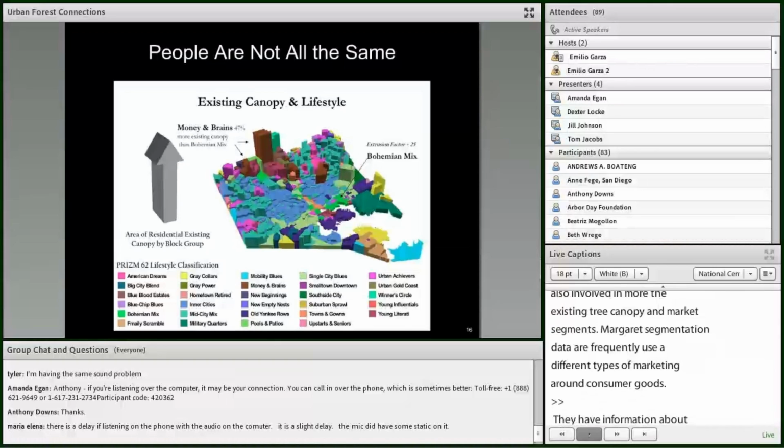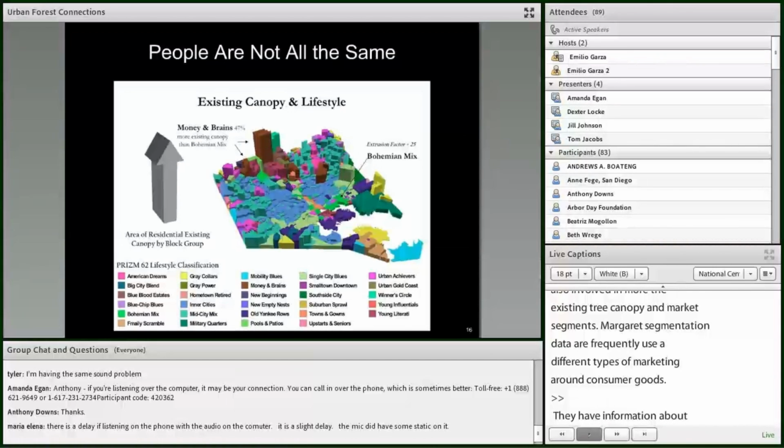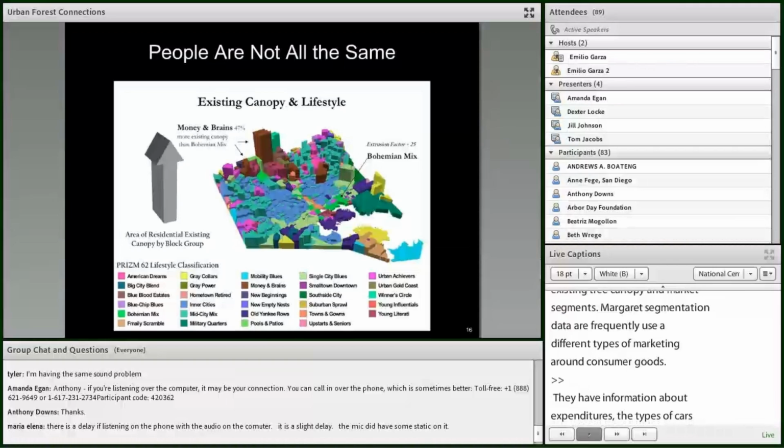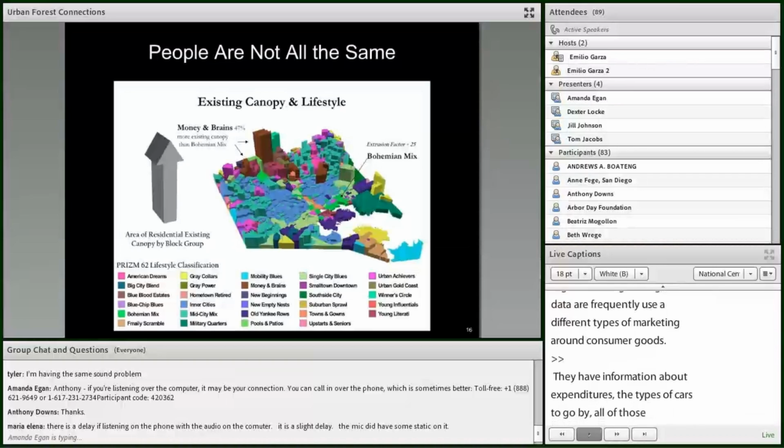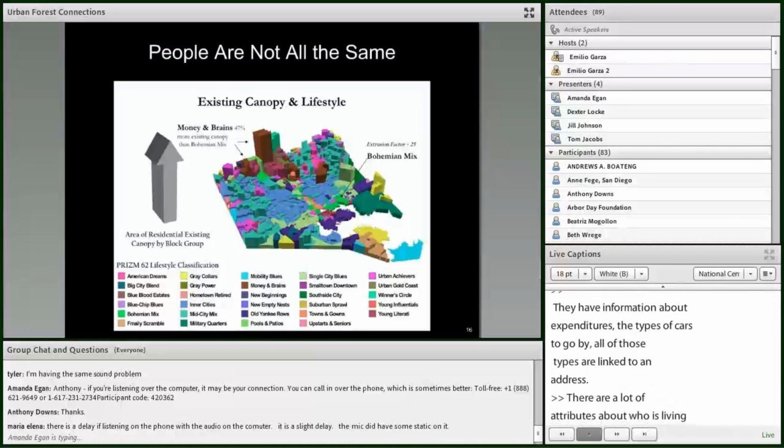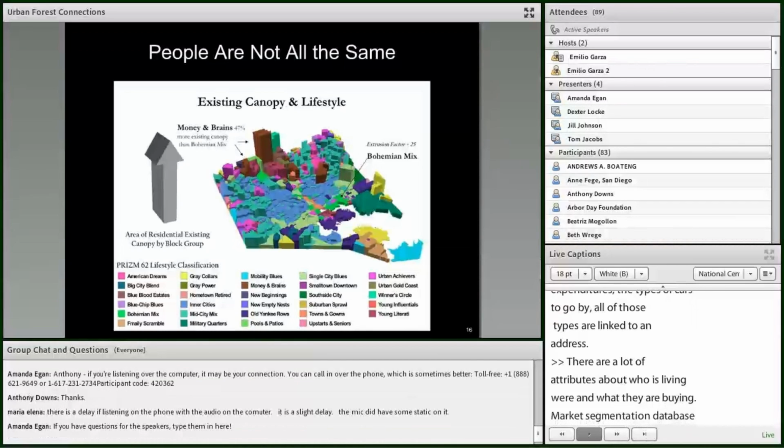All of those types of data are linked through an address. And so there's a lot of attributes about who's living where and what they're buying. And the market segmentation database takes those demographic variables and those consumer expenditures and does a cluster analysis. Now come these categories. And these categories are really predictive and indicative of the types of things that people buy.